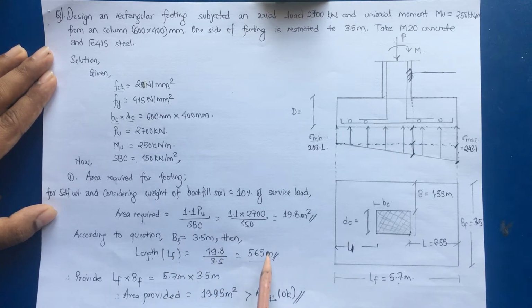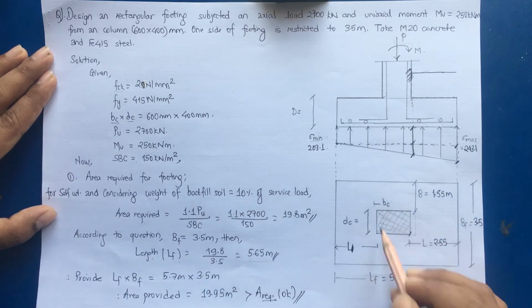So this is the length required if we consider Bf as 3.5 meter. Providing a rounded value, 5.7 meter into 3.5 meter, and with this dimension the area provided will be 19.95 meter square, which is greater than the area required, so it is okay.